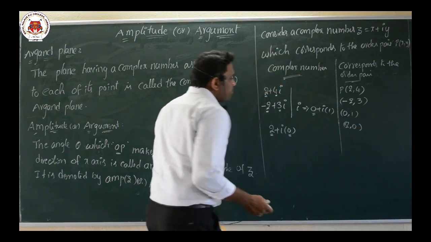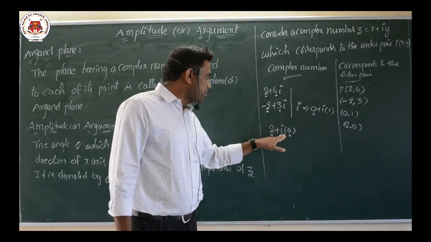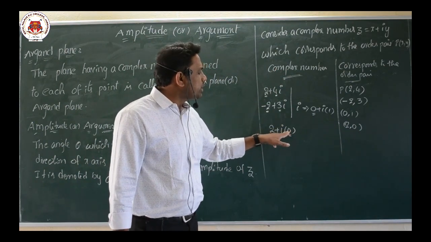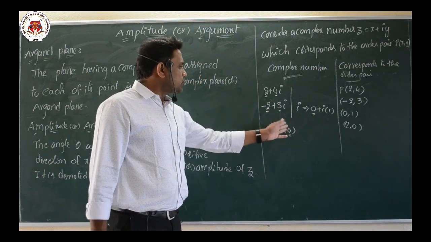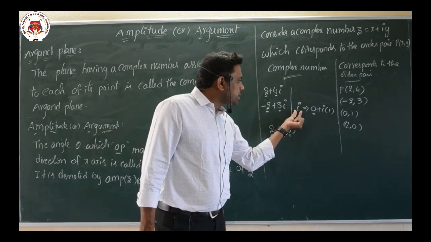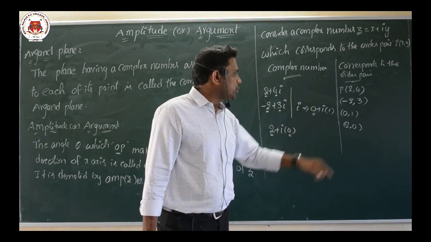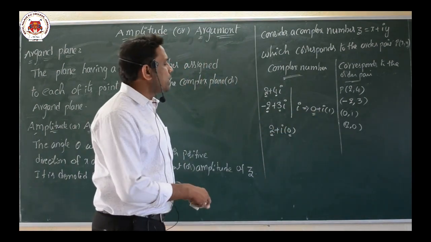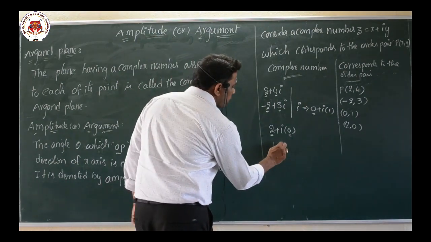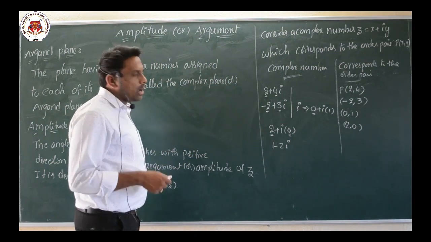My dear children, if only the real part is there, you must mention the imaginary part as a multiple of 0, because 0 into any number is 0. Same way, if only the imaginary part is there, then compulsorily we need the real part, so the real part is 0. In this way. We will take one more example, 1 minus 2i. How to write the corresponding ordered pair?